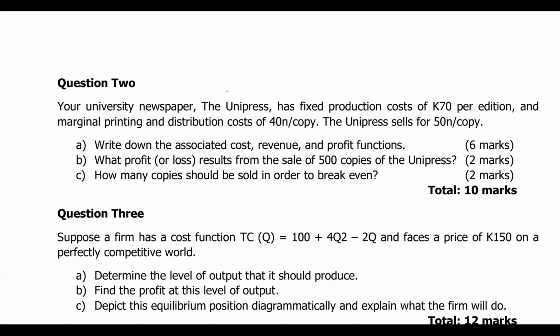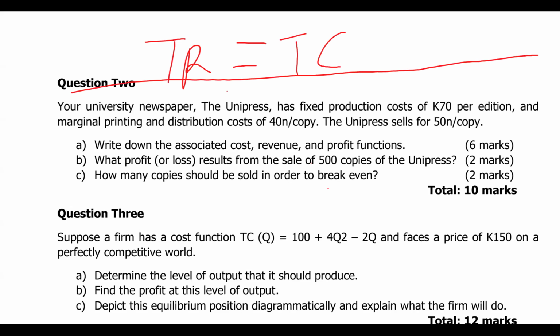That is to say, the firm is no longer making a profit or a loss. At that point, the profit is zero because total revenue is equal to total cost. So for that reason, profit is equal to zero at this point. You're not making profit. It's just zero because total revenue minus total costs equals zero at this point.